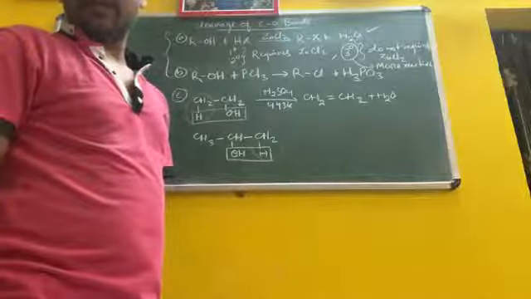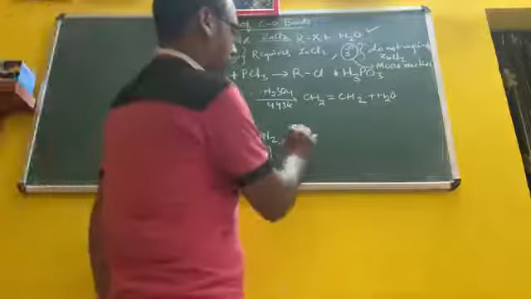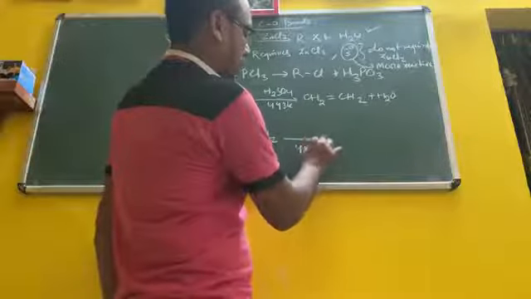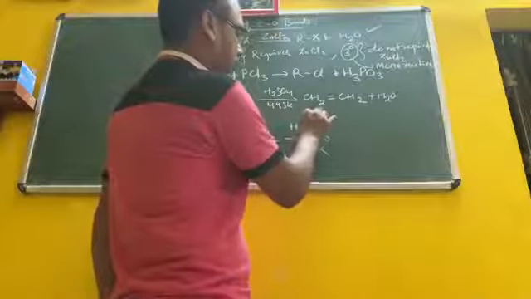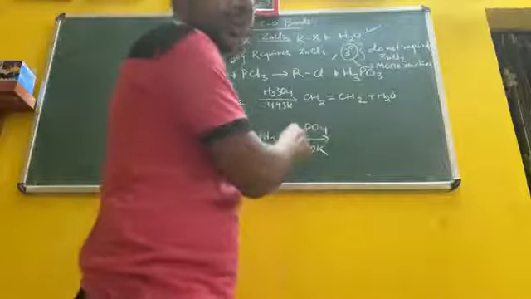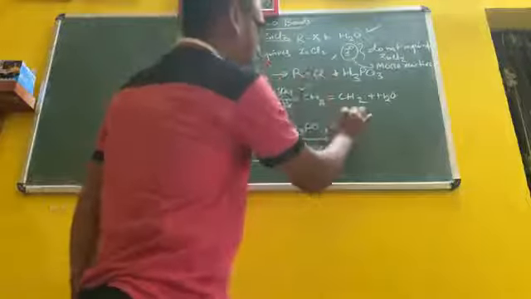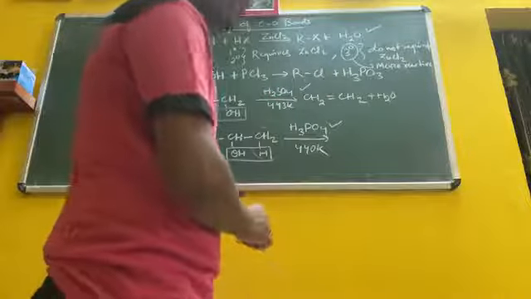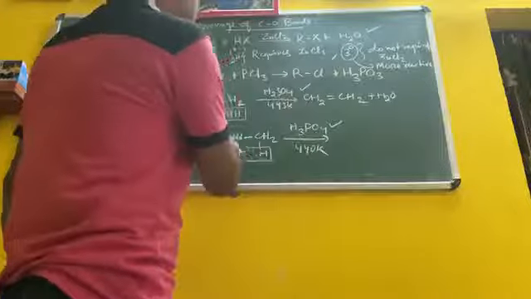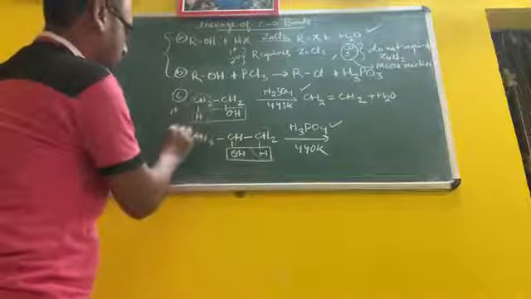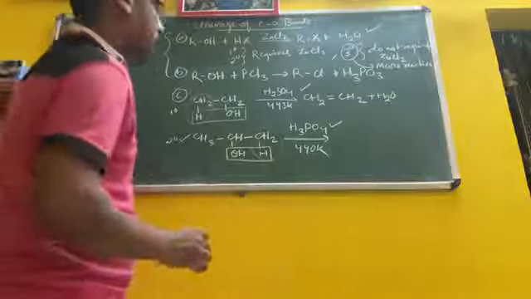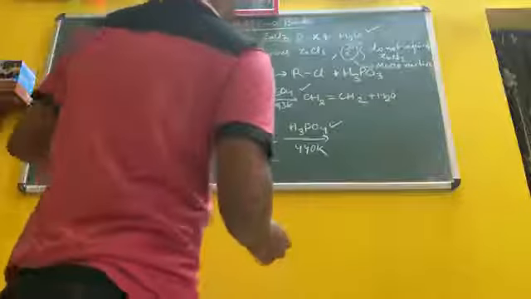The temperature required is lower, 440 Kelvin, with H3PO4. As the temperature decreases, the acidic strength also decreases. This one is sulfuric acid, this one is phosphoric acid or orthophosphoric acid. Strength decreasing means the secondary alcohol is more reactive. This is primary, this is secondary. Then tertiary.